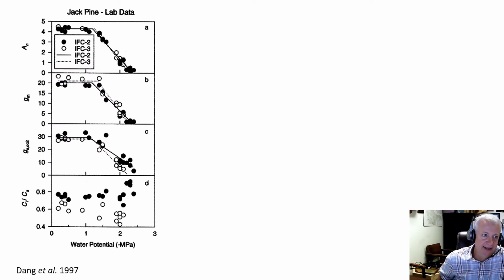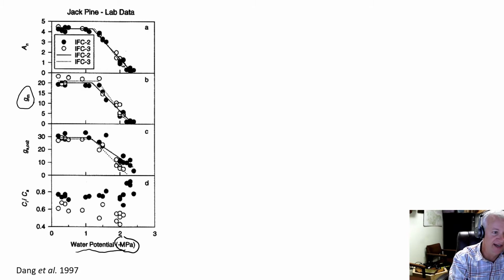Here's some data that show that response. This is stomatal conductance, so we're looking at the inverse here, the response of stomatal conductance to leaf water potential. And you see these are negative megapascals, so these are negative values: -1, -2, -3. So again, over some range of water potential, in this case down to about minus 1.5 megapascals, there's no response of stomatal conductance.